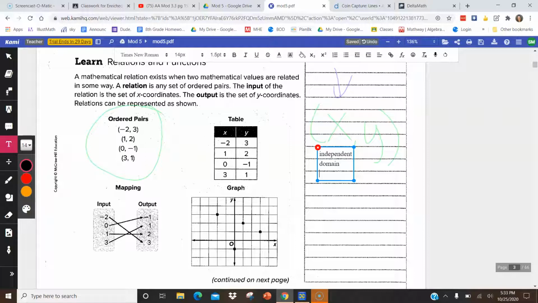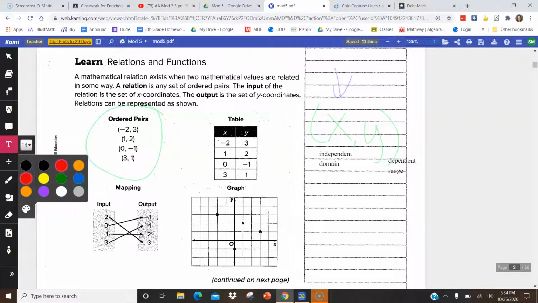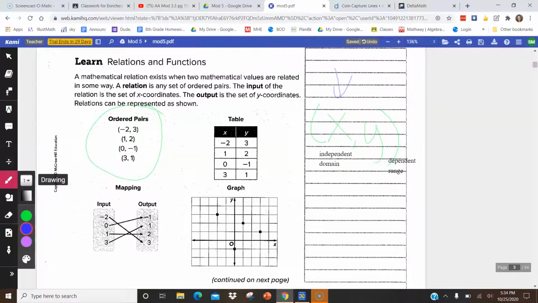We also have our y values, which are dependent values. It's also our range. When you're dealing with your inputs, it's on the x-axis, obviously. This is a mapping example.